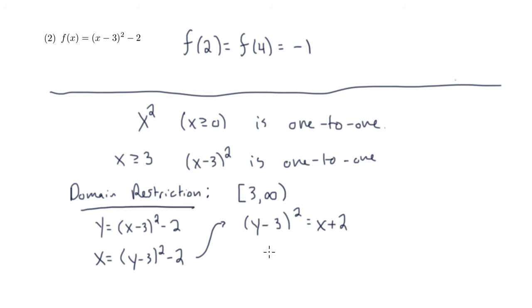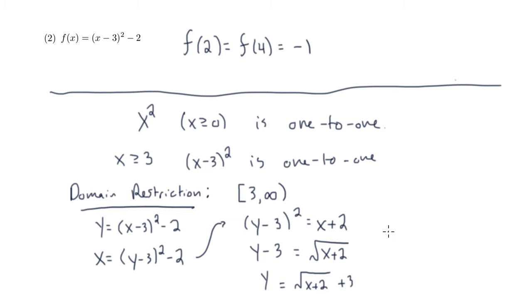Then I'm going to take a square root, so that's going to be y minus 3 is equal to square root of x plus 2. And now here's where I'm saying I'm taking the positive square root by choosing this domain restriction. So here when I take the square root, I'm really going to be taking the positive square root. And then I can add 3. So y is going to be square root of x plus 2, plus 3.